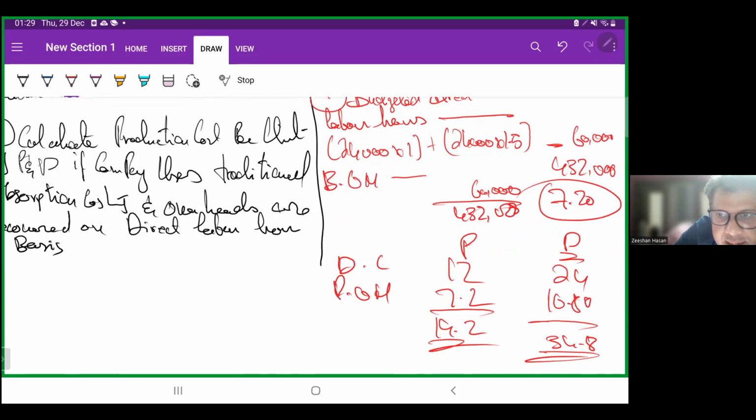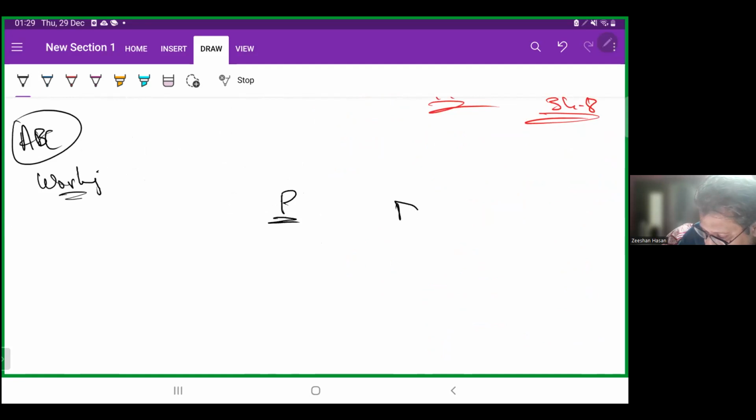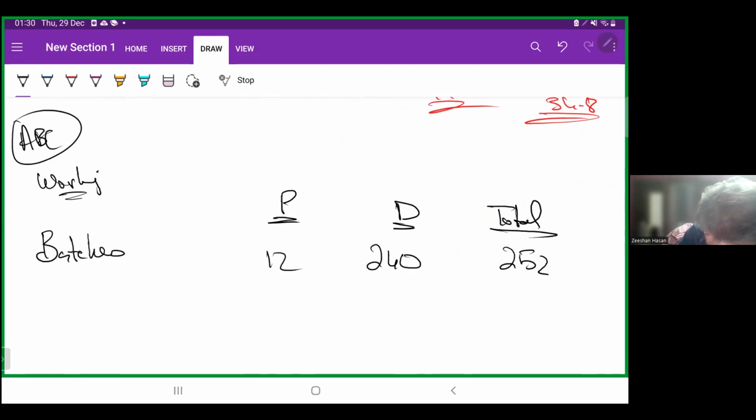For the second part, ABC, let's do it. Part B. Firstly, we have to do the workings. P, D, total. Batches: 12, 240, and 252. Setups: 12, 720, and 732.